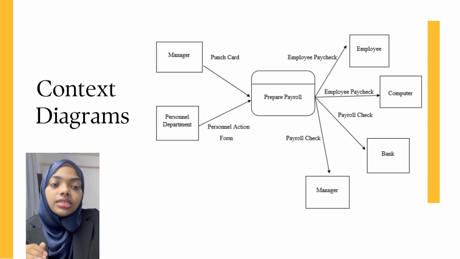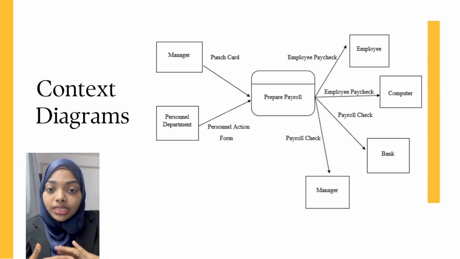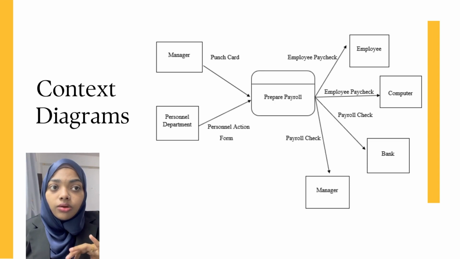Like we can see here, the employee's paycheck to the employee and the employer payroll check to the bank. So the context diagram illustrates the one system under consideration between the inputs, which are the manager and the personnel department, in the payroll system of Sir Cafe & Co.